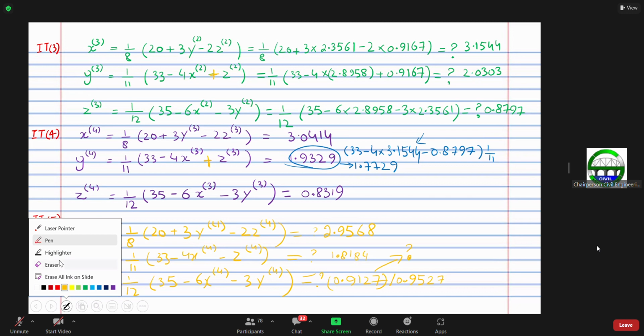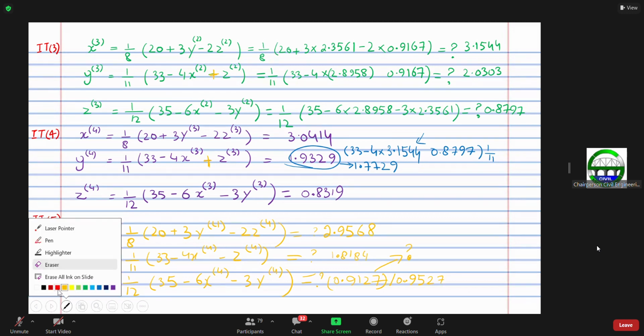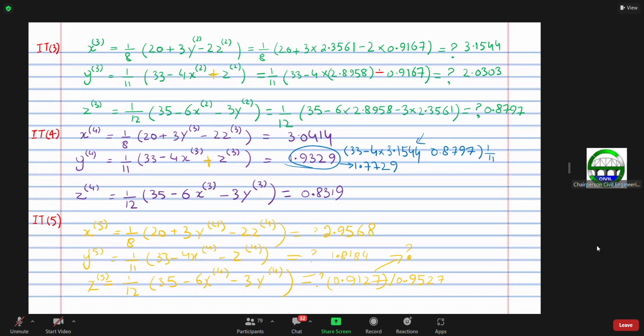So it's time to erase this one and erase this one. And then put the values in here, like you can say plus in here and plus in here.